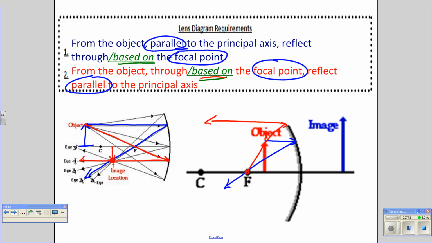Now those two lines will never meet, right? Those two lines never meet, which means they never form an image. But their apparent meeting point, so the meeting point that would make them a virtual image, does meet. So you take those lines and basically you make a dotted line.